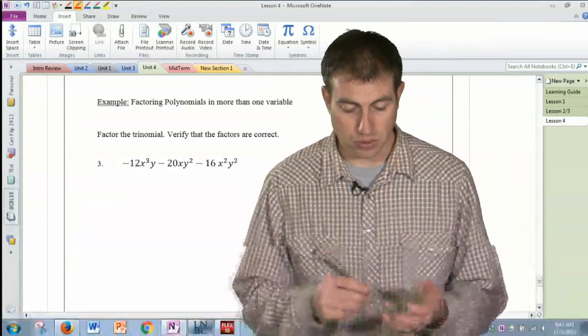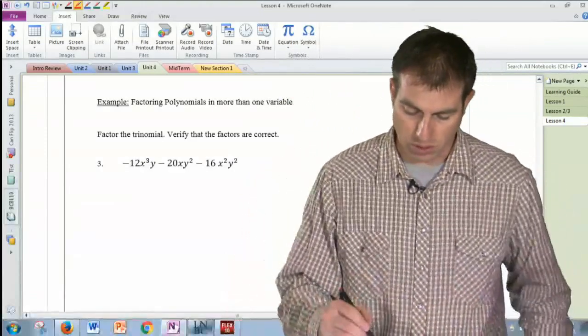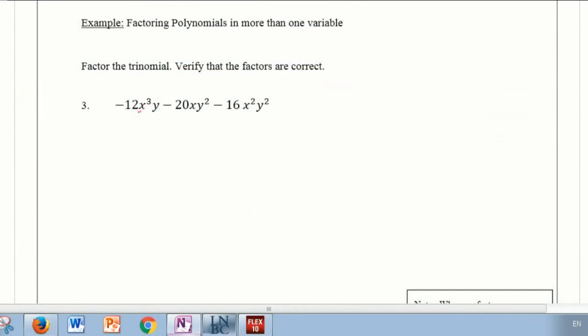What I would typically do with a question like 3 here is ask, what's common to all of these? Well, I have x cubed here, an x here, and an x squared. So what is the biggest x I have? They all share at least one x. You don't need to even write this down, but I'm just showing you my thinking. How about the terms out front? 12, 20, and 16. What is the greatest common factor of those?